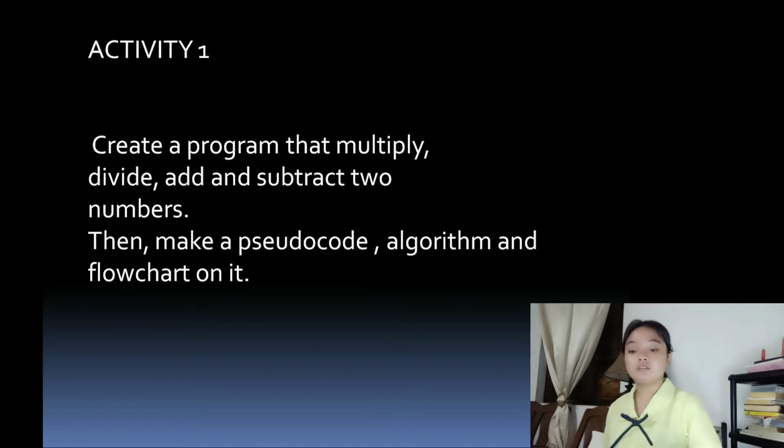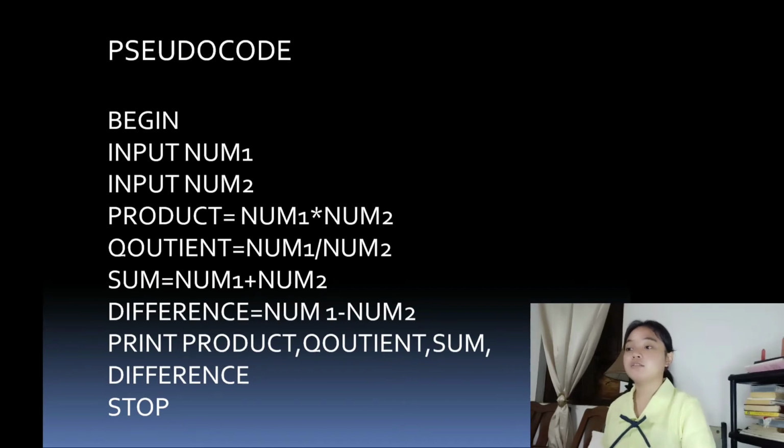So I already have my pseudocode here. First we must start with begin, then input the two numbers, which is num1 and num2. Then the product equals num1 multiplied by num2. Of course, we will use the asterisk sign because it symbolizes multiplication.